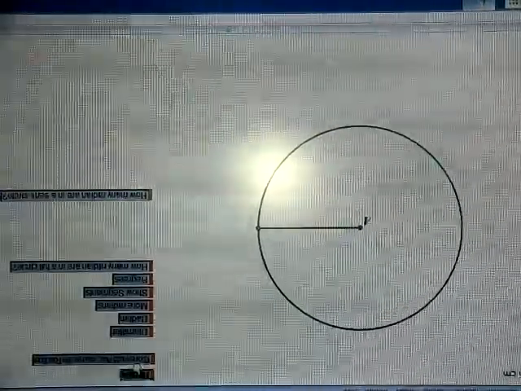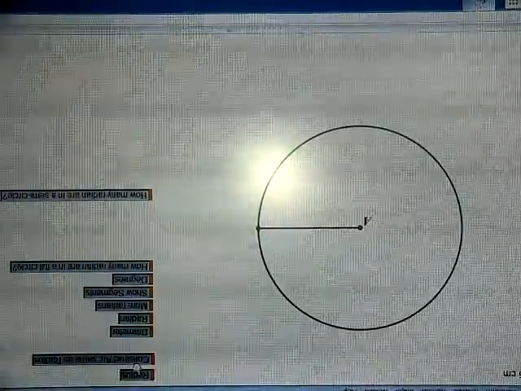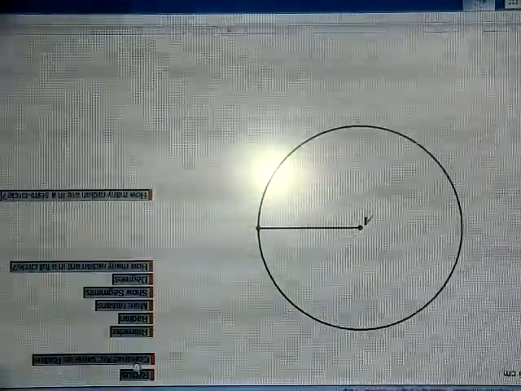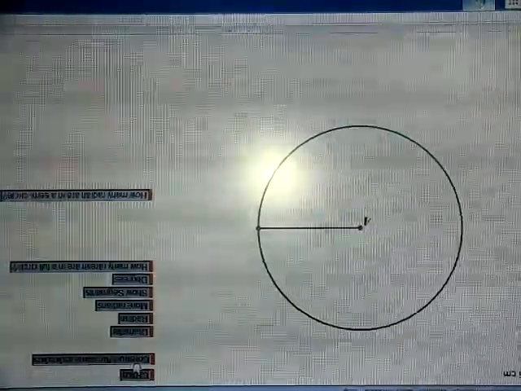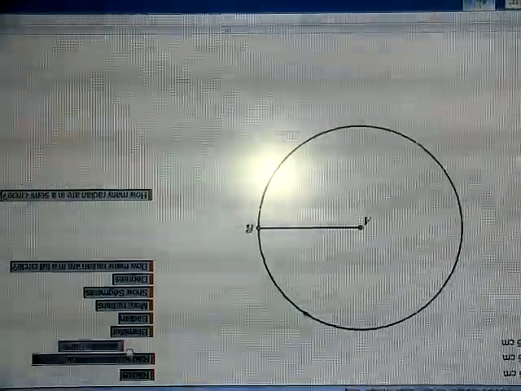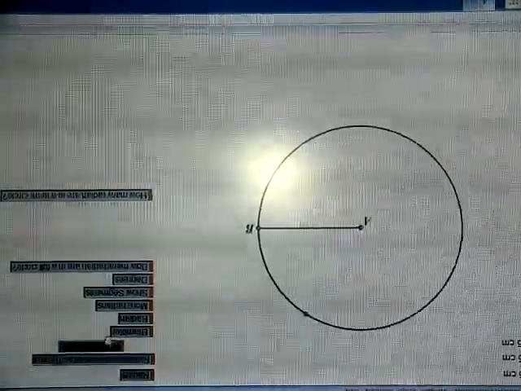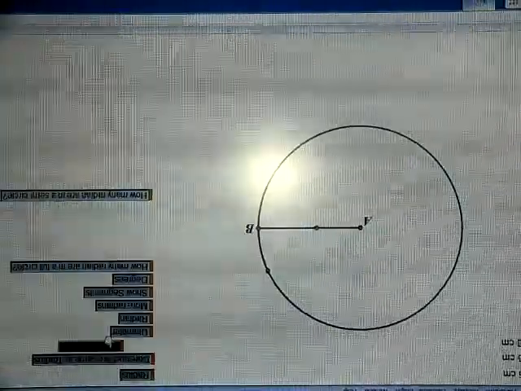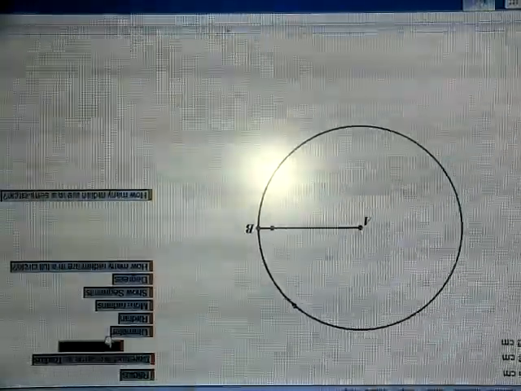Here's a computer program, Geometry Sketchpad, that's going to help illustrate kind of what a radian is about. We have a circle, and we'll come up and we'll draw in the radius of that circle. So now, to represent what a radian is, going to be an arc along the circle that is the same length as the radius.